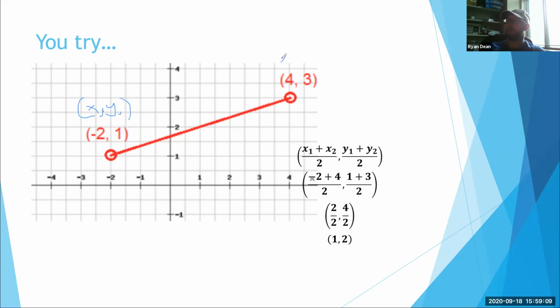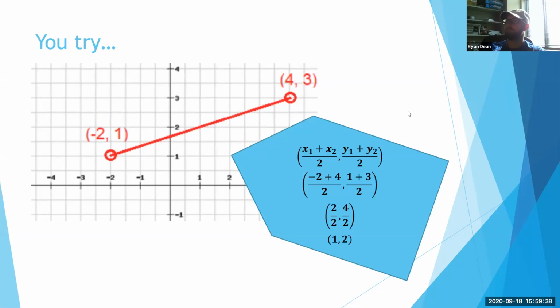And then over here we have X2, Y2. So negative 2 just got replaced here. And then the positive 4 got replaced right here. And then for the Y1, the positive 1 came here, and the positive 3 came here. And then the rest of it is just combining the numbers together and simplifying the fractions.